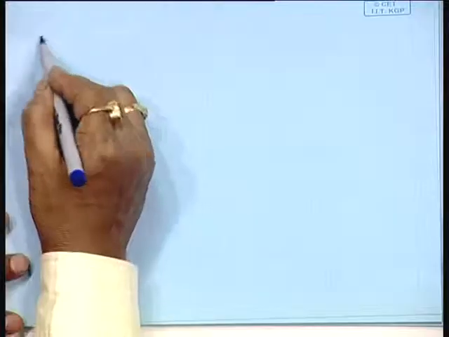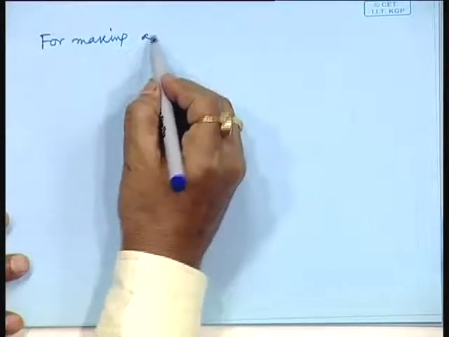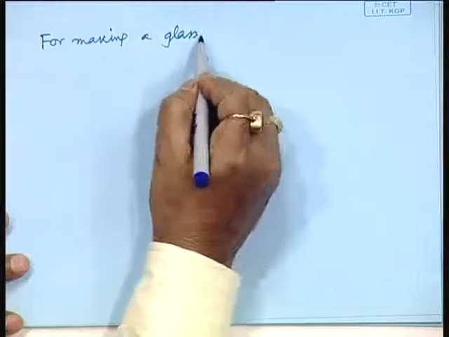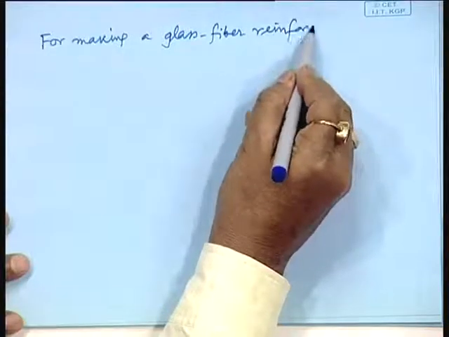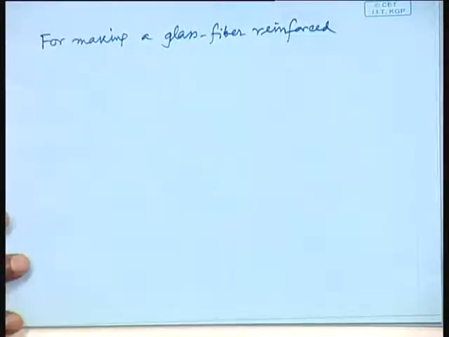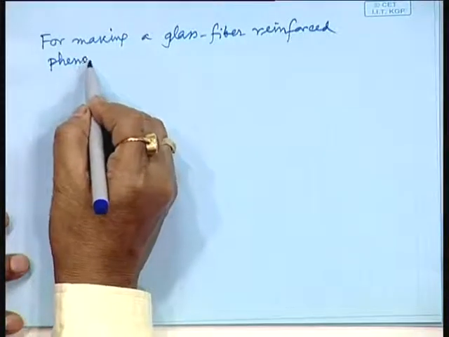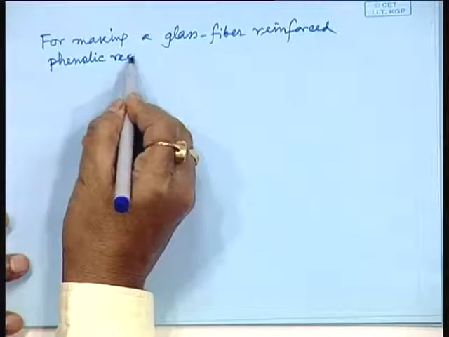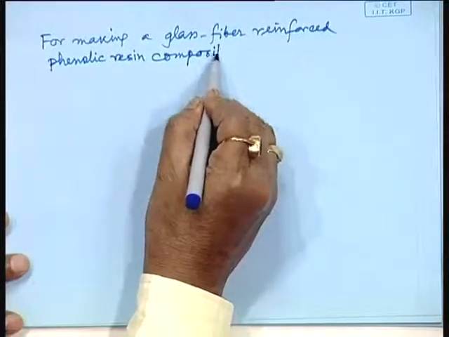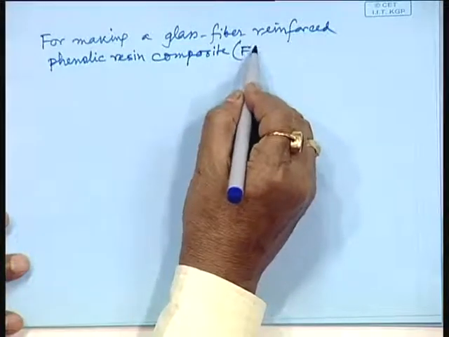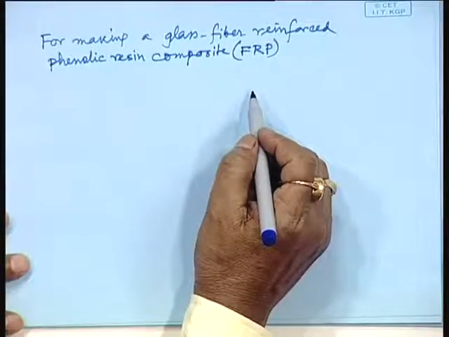So, for making a glass fiber reinforced phenolic resin composite, which is an FRP, fiber reinforced plastic, what is done?